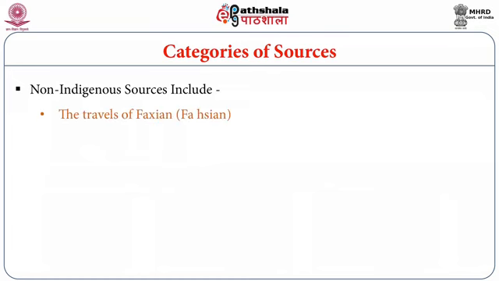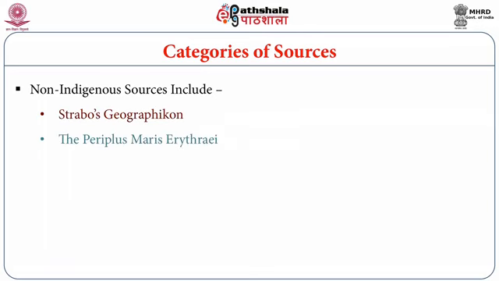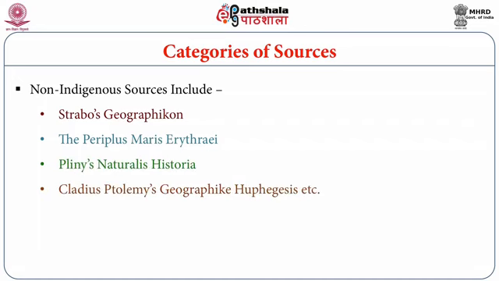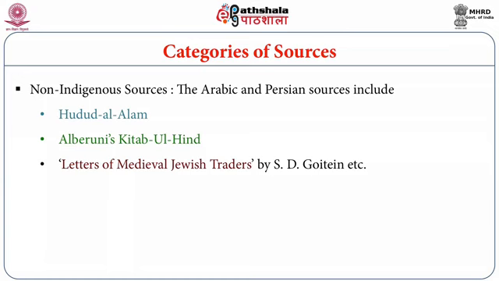These include the travels of Faxian, Xuanzang's Si-yu-ki, Megasthenes' Indica, Diodorus' Bibliotheca Historica, Strabo's Geographica, the Periplus of the Erythraean Sea, Pliny's Naturalis Historia, Claudius Ptolemy's Geographike Hyphegesis, etc. Non-indigenous sources also include the Arabic and Persian sources like Hudud al-Alam, Al-Biruni's Kitab-ul-Hind, letters of medieval Jewish traders by S.D. Goitein, etc.